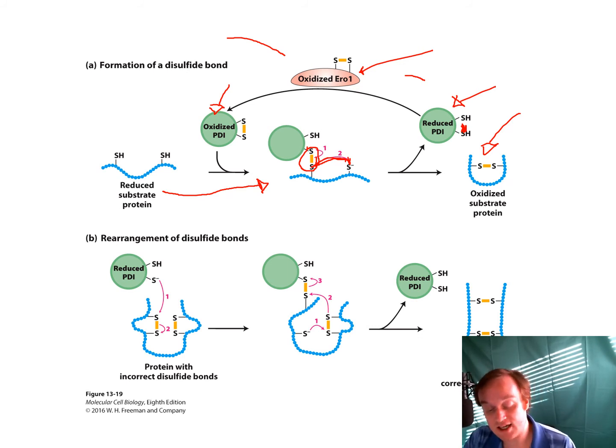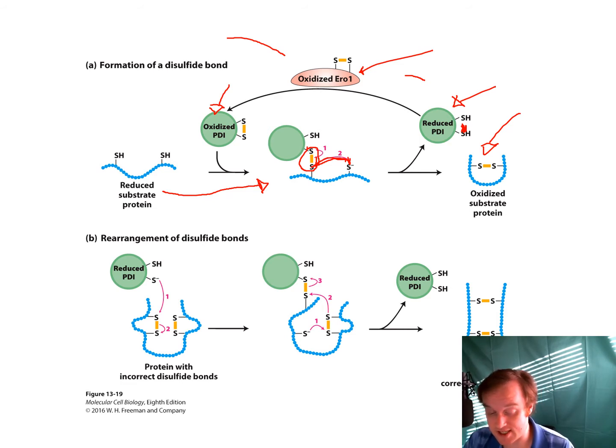And so in addition, during this process of generating this amino acid chain, there are often cysteines that will form disulfide bonds just out of happenstance or chance. And so that might not be the proper conformation of the protein.